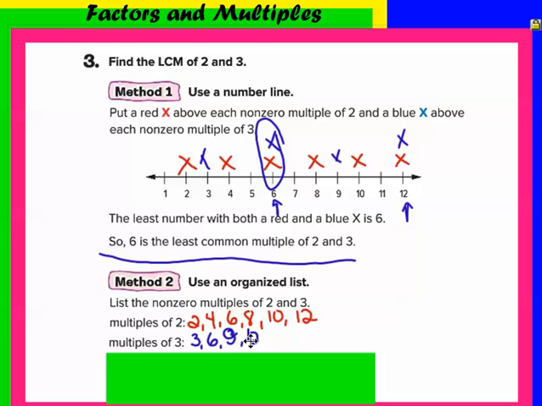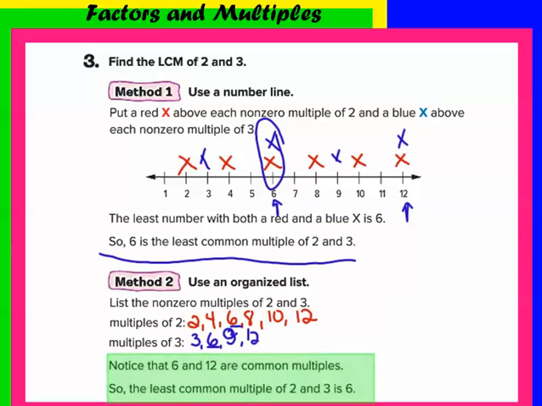And while 6 and 12 show up on both lists, 6 is the smallest of the two, so that is my least common multiple.